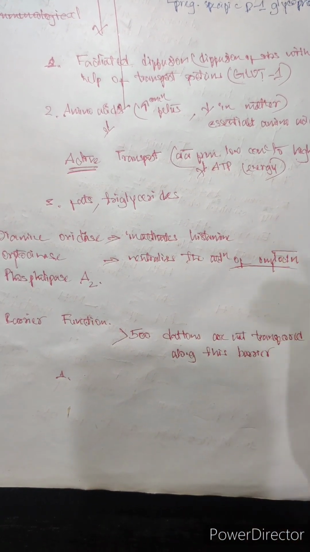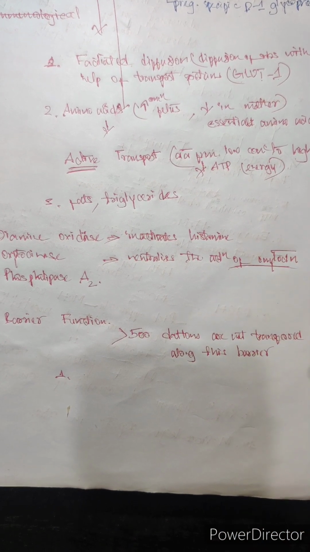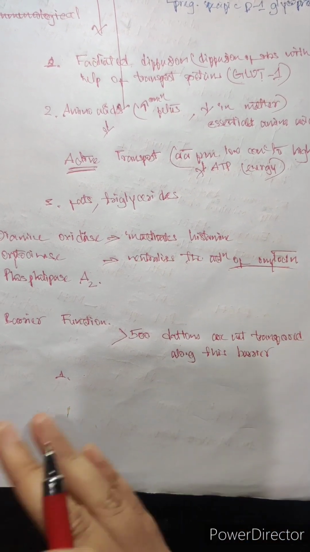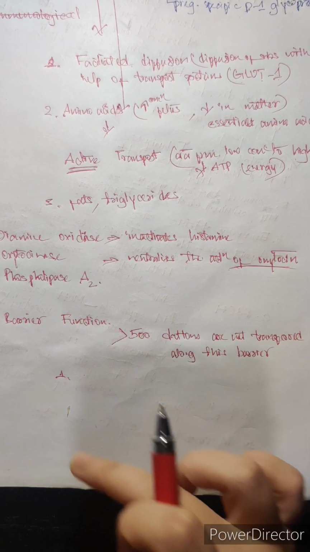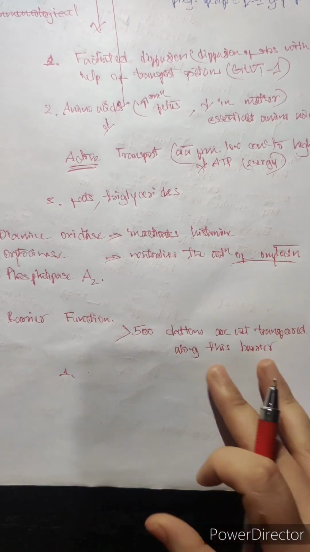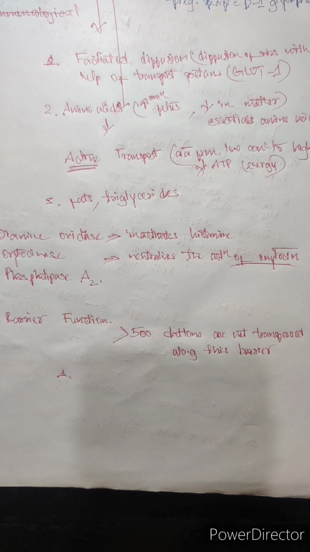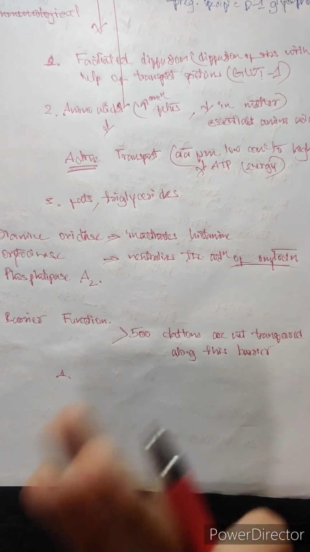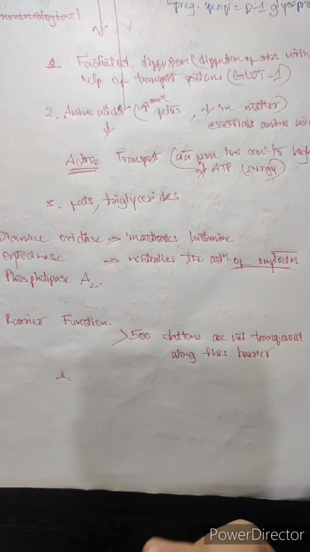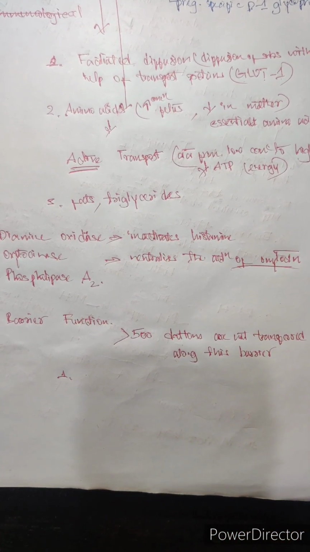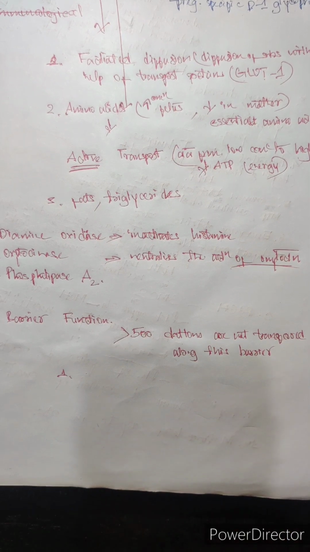But if it is less than 500 daltons, then it is easily transferred across the placental barrier. Okay, so this is the reason why, though the placenta is considered a barrier, it doesn't necessarily act as a protective barrier.